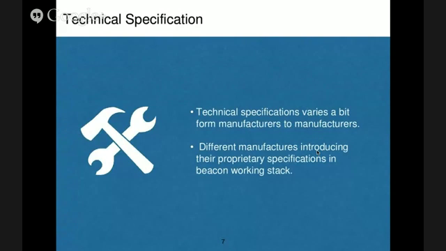But since a lot of people have started developing their own hardware, they started making some modifications to the stack, and they keep on introducing their proprietary specifications so that they can create what we call single-vendor hardware, which can talk to the same vendor's manufactured hardware. So two hardware which belong to the same vendor can only talk to each other. I guess this should be the intention of the manufacturer, therefore they're introducing their proprietary specifications in the beacon working stack.